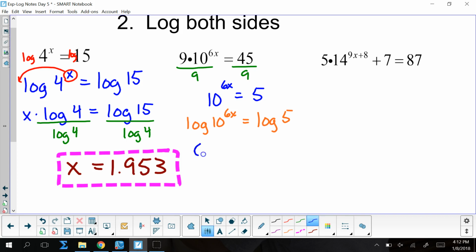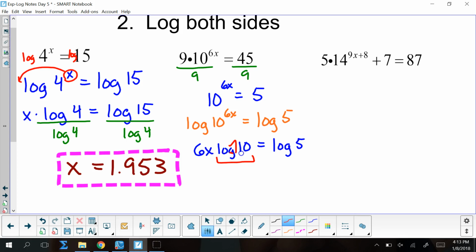That gives me 6x times the log of 10 equals the log of 5. Log base 10 of 10. What exponent do I have to put on to 10 to get me 10?